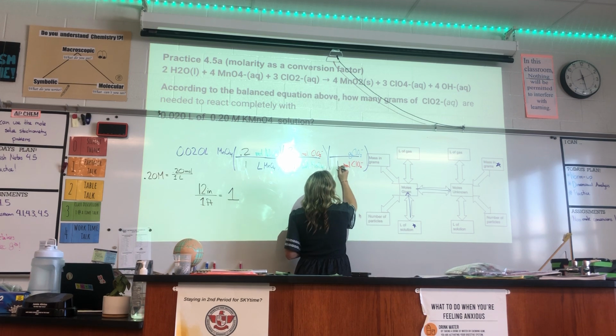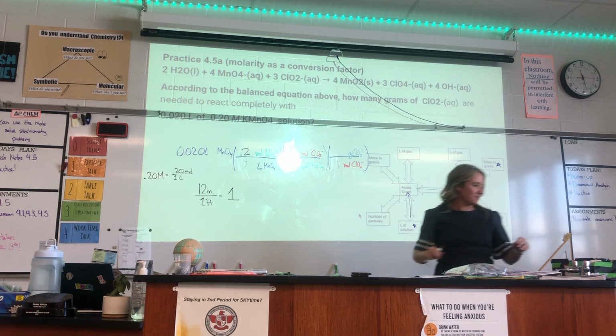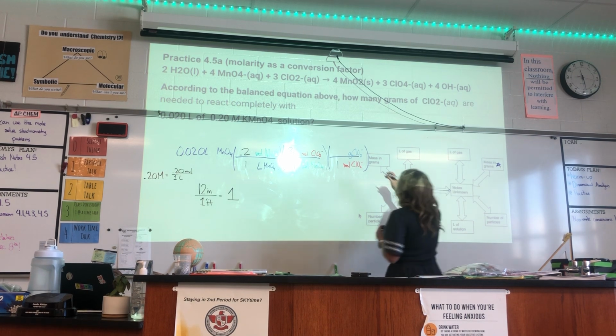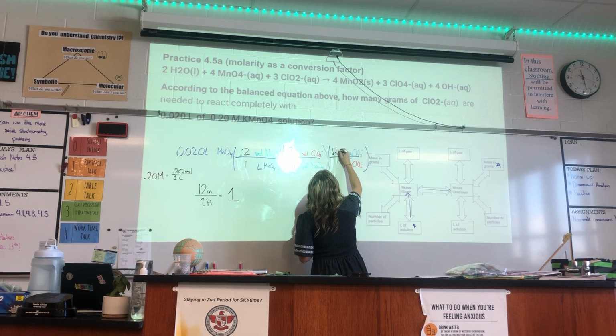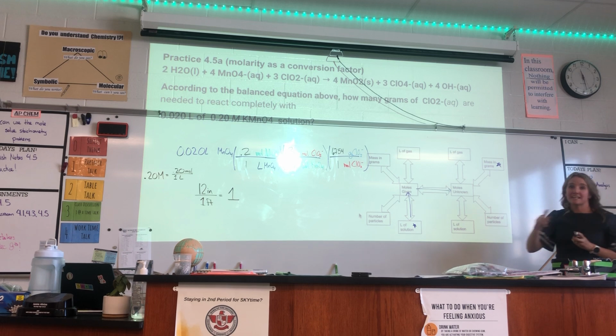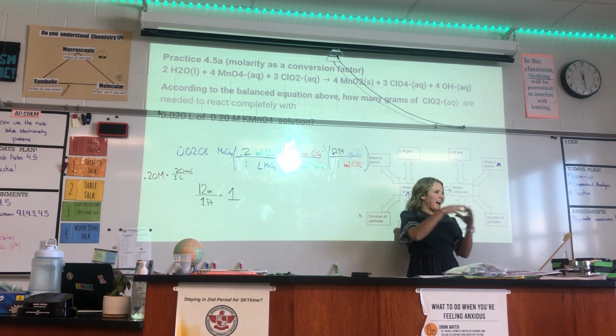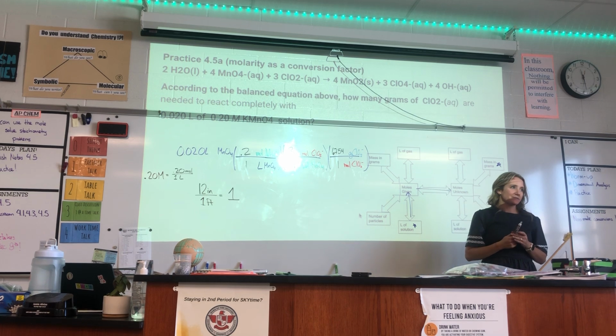Good. Molar mass, right? Atomic mass. I'm going to add up Cl and 2 oxygens. 67.45. Yeah, that sounds right, Alex. So that was 1 chlorine, 2 oxygens, periodic table, add them up. There's your molar mass.